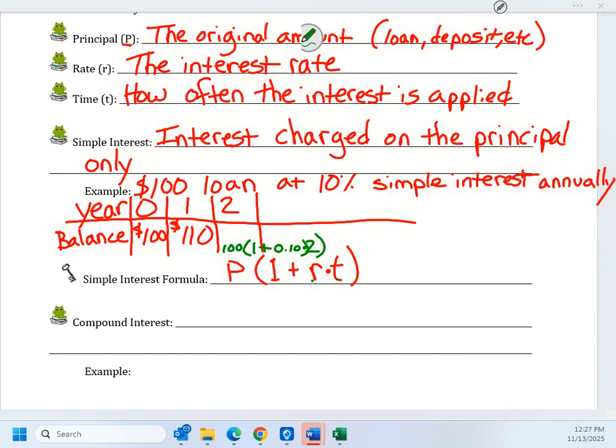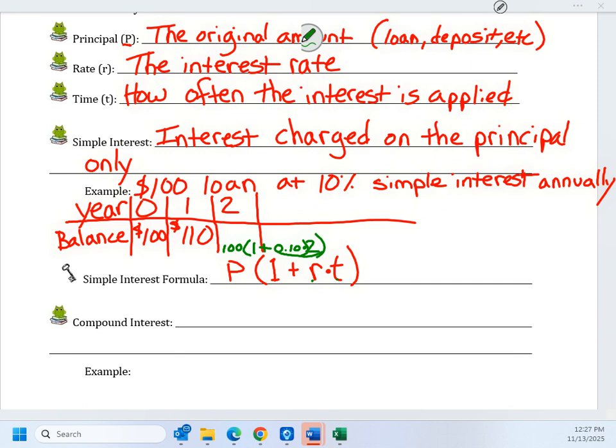So what is 0.1 times 2? Joe? Because we have to do 0.1 times 2, then we can do that 1 plus it. So what is 0.1 times 2? 0.2.